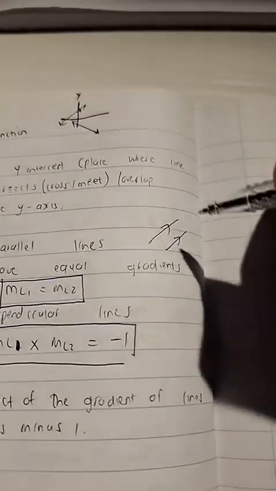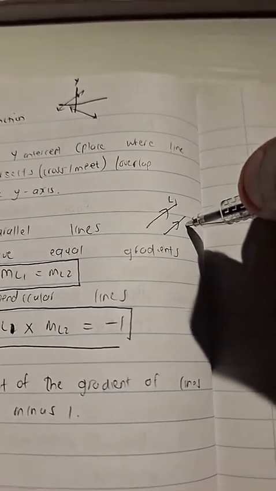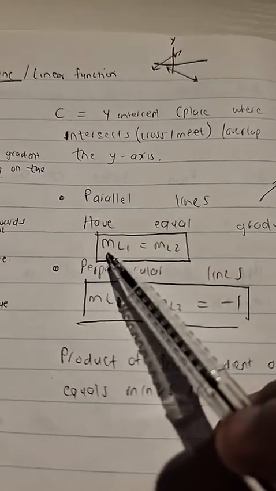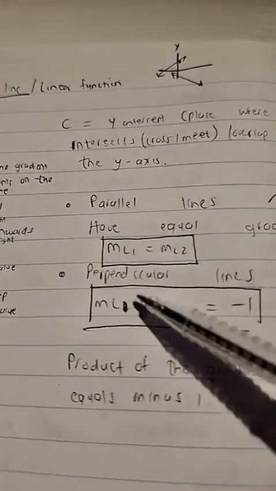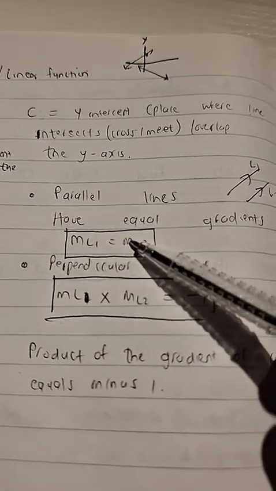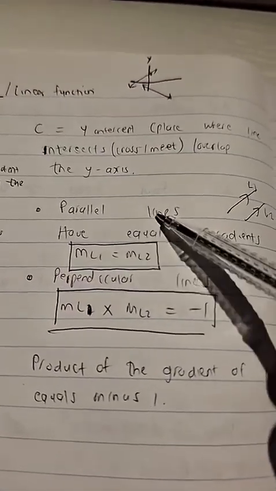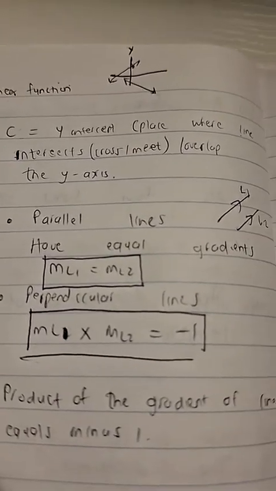So what we're expecting is that if this is, let's say for instance, line 1 and this is line 2, the gradient m of line 1 will be equal to the gradient m of line 2. Parallel lines have equal gradients.